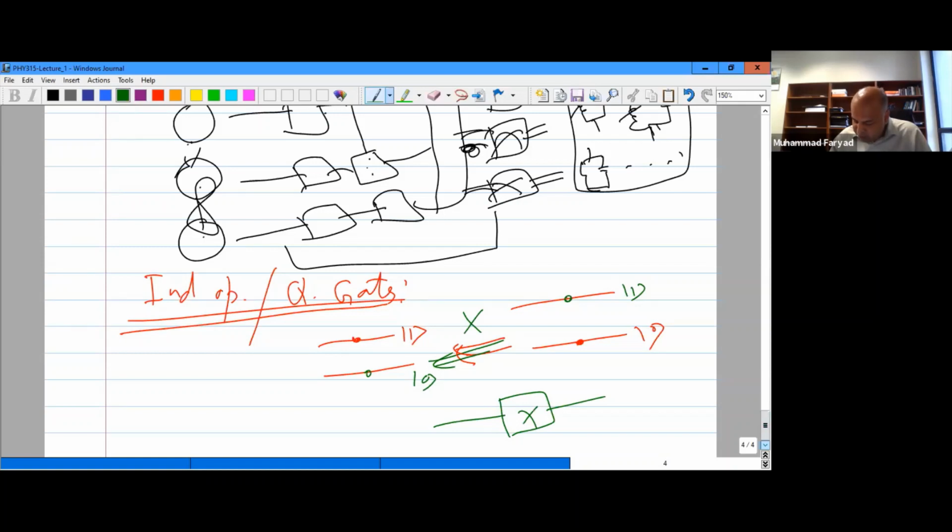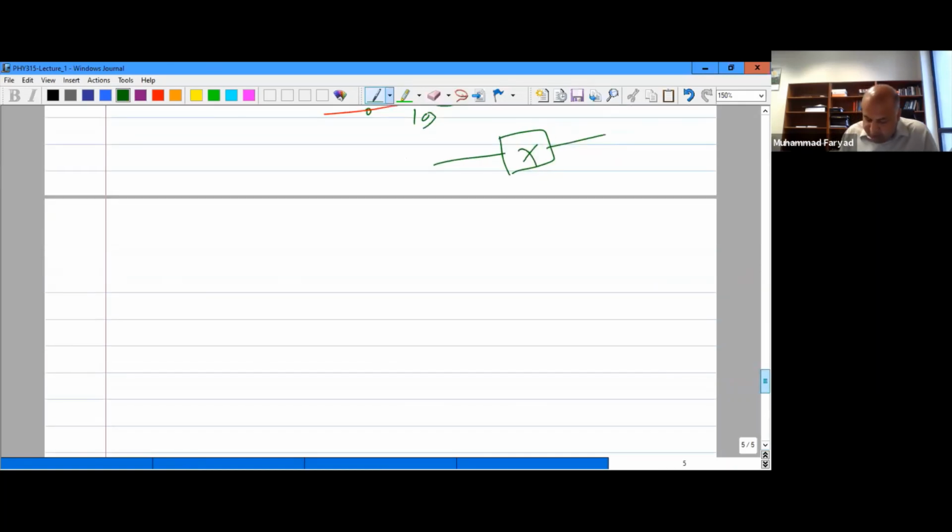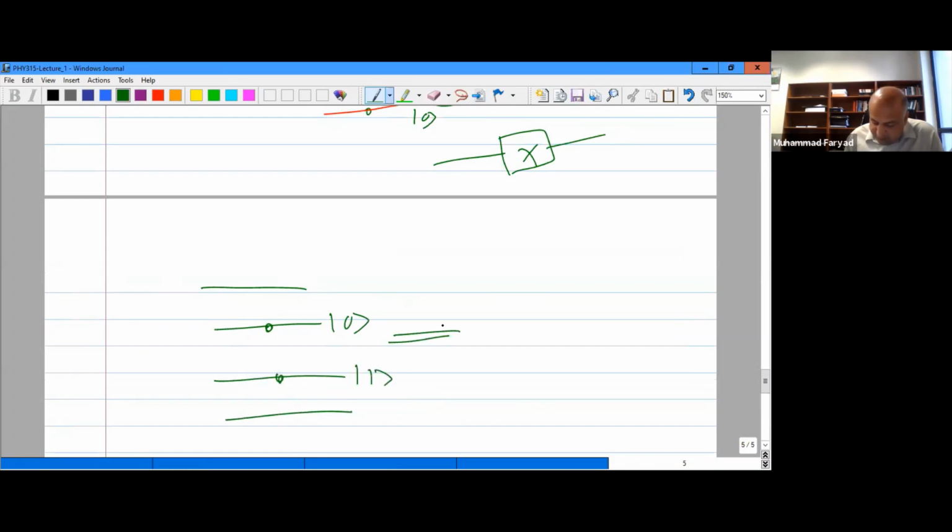Similarly, let's say we have a system like this, that your system is in the 0 state, or your system is in the 1 state. And let's talk about this operation. So this is an operation in which you don't do anything if your system is in the 0 state, but you multiply the 1 state with this minus number.